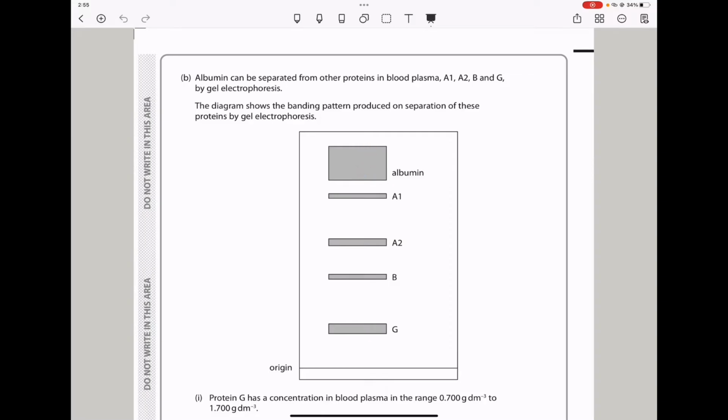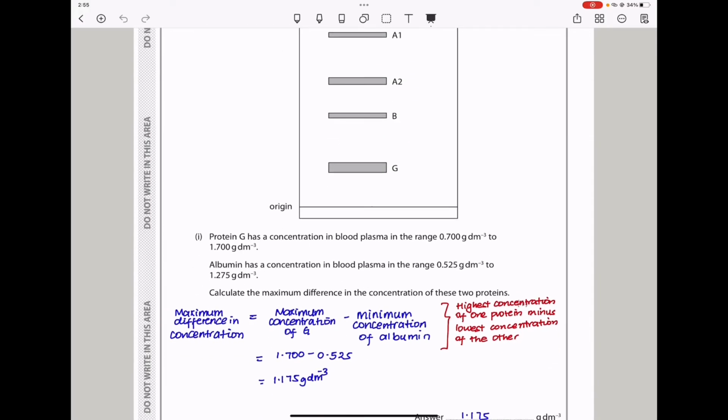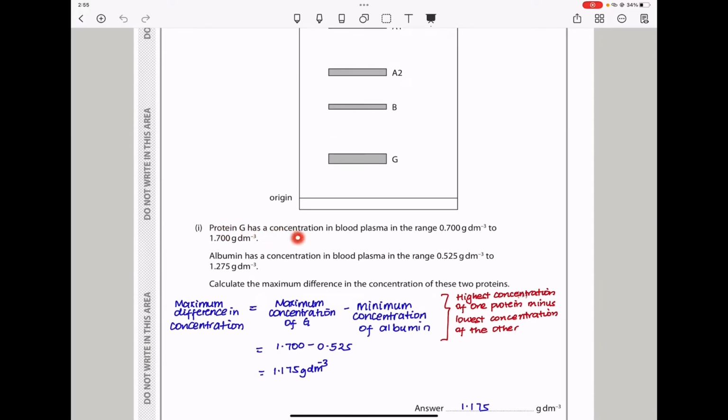So here down they say, protein G has a concentration in blood plasma in the range of 0.700 gram per decimeter cubed to 1.700 gram per decimeter cubed. Albumin has a concentration in blood plasma in the range of 0.525 gram per decimeter cubed to 1.275 gram per decimeter cubed.